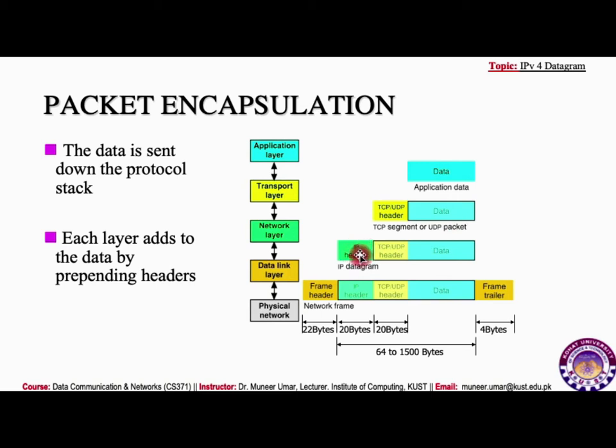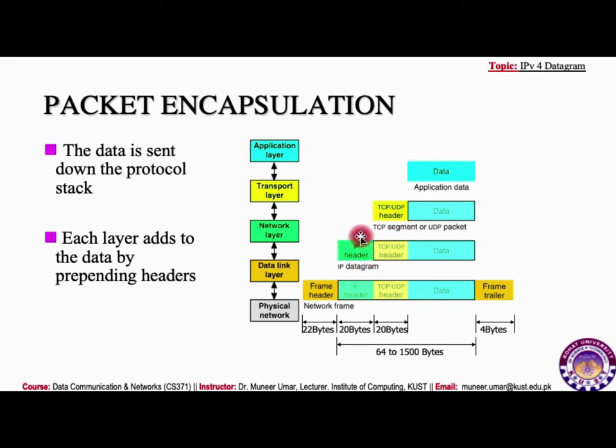After that, this entire IP datagram is inserted into the network frame, starting with the frame header and ending with the frame trailer at the data link layer. Here we have some sizes for the frame header, the IP header, and the TCP or UDP header.